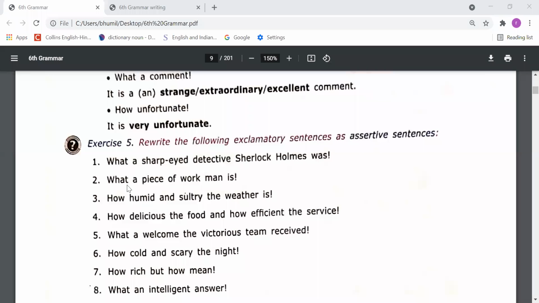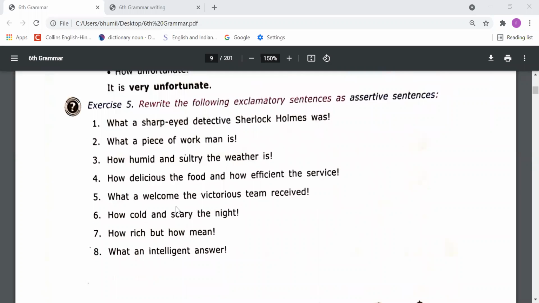Next, "What a piece of work man is." So we need to say this sentence: man is a marvelous piece of work, or we can say man is a very good piece of work. Next, "How humid and sultry the weather is." In assertive formation, we need to say that the weather is very humid and sultry.